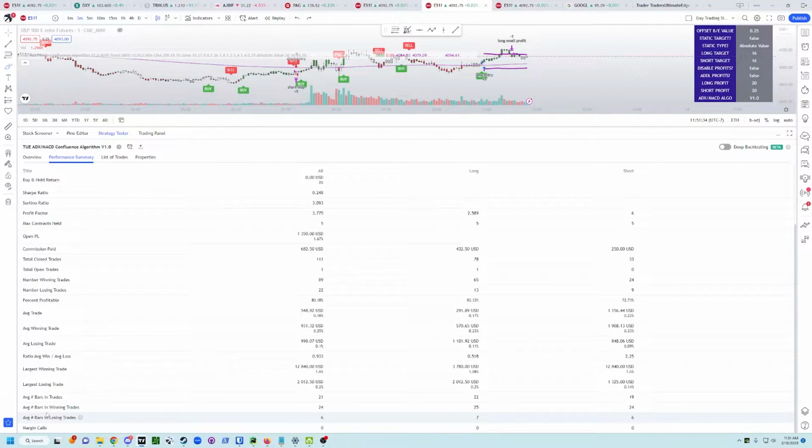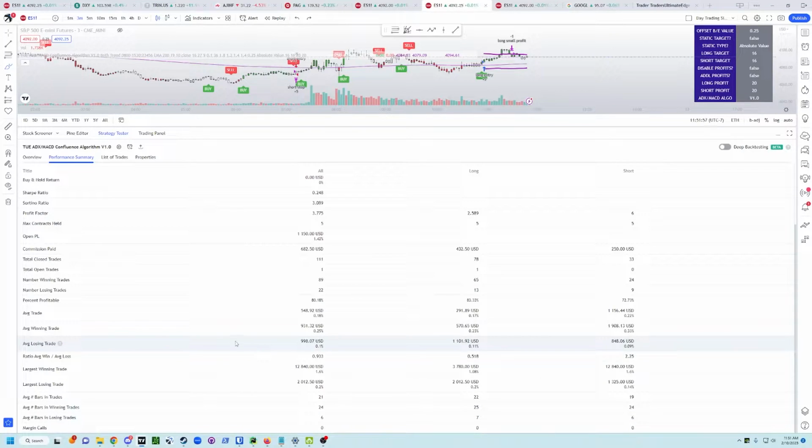So you notice there I have average bars in winning trades, an average of 24, average bars in losing trades of 6. So that means my losers are only a quarter the length time-wise as my winners. That's very important. That means we are getting rid of those losing trades in a hurry.